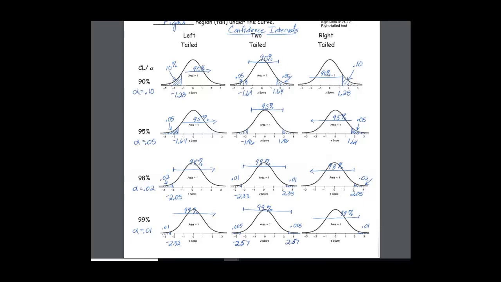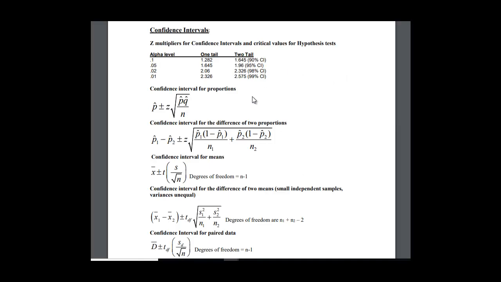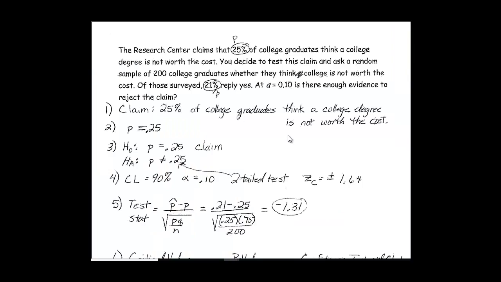Okay, so back to our notes. When we set up our test statistic, this is the formula that we use, and again, that formula will be in your note page. I keep flipping back and forth. Hopefully you're following me. I will need for you to plug in things correctly. I need to plug in 0.21 first.